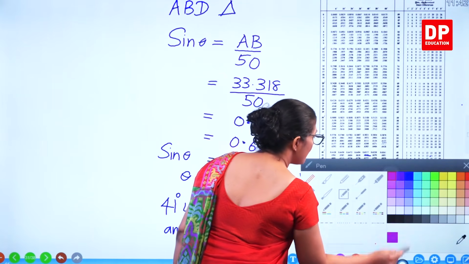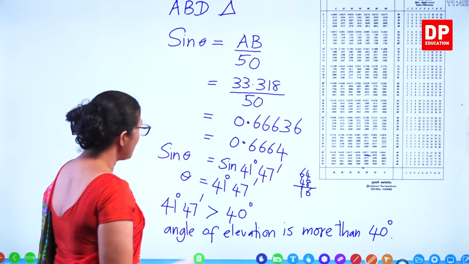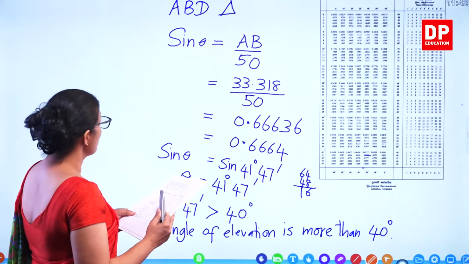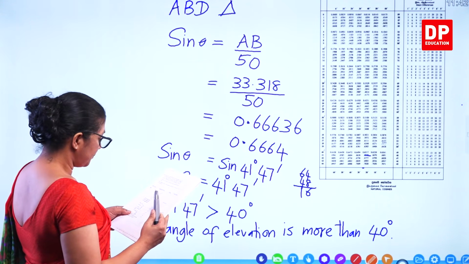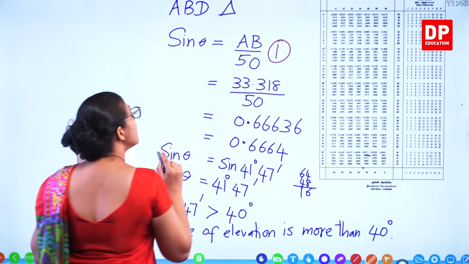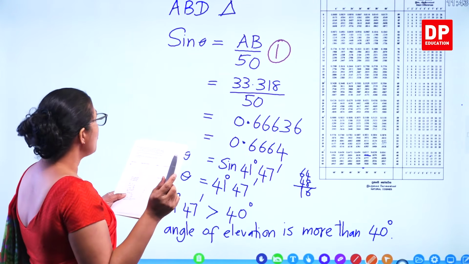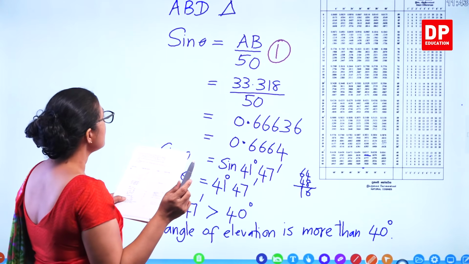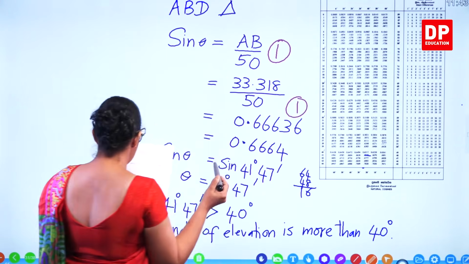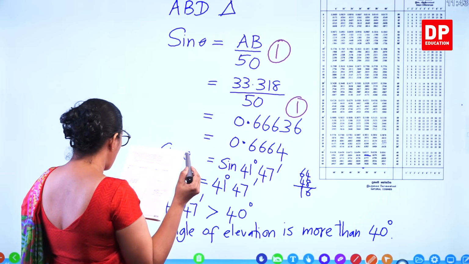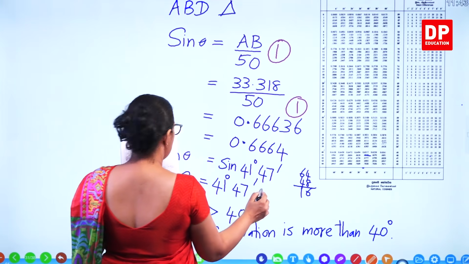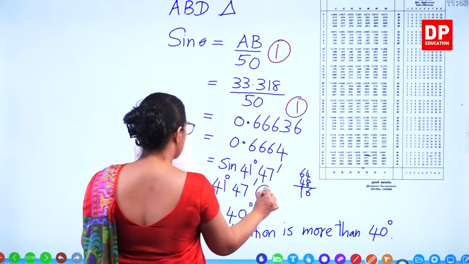Now we'll see what marks you get for this. Substituting the correct trig formula, 1 mark, and this one, 1 mark, getting the value 41 degrees 47 minutes, another 1 mark.